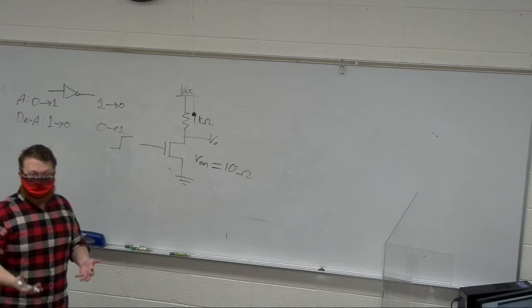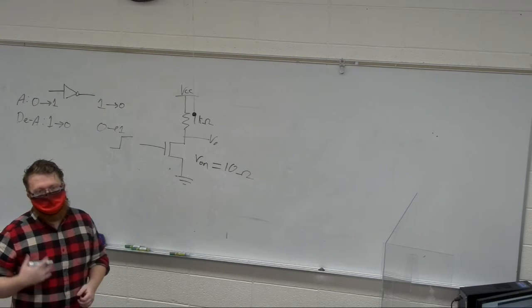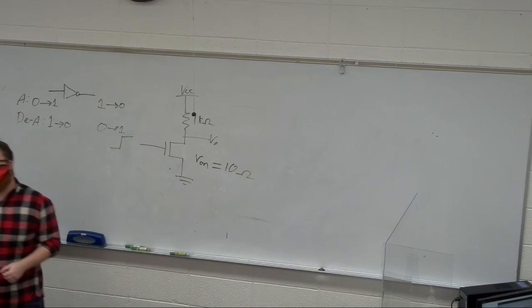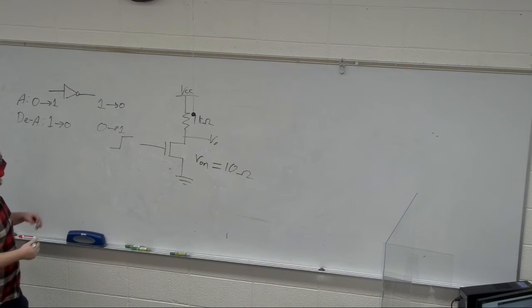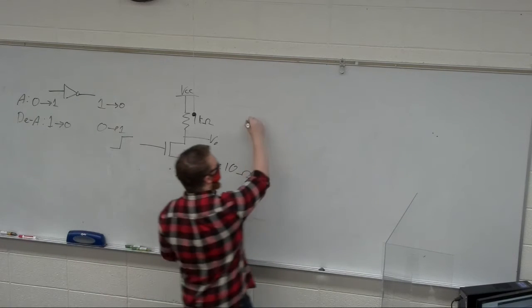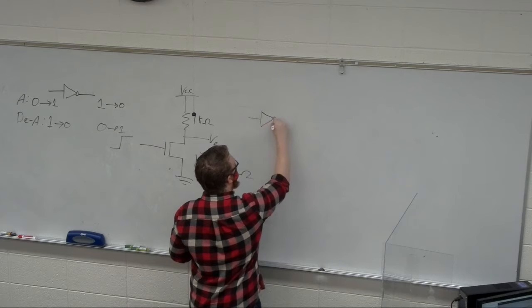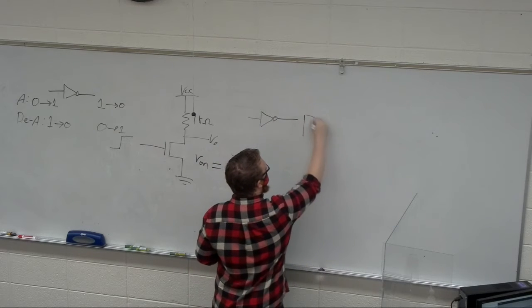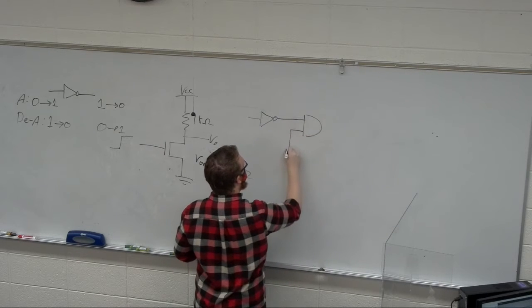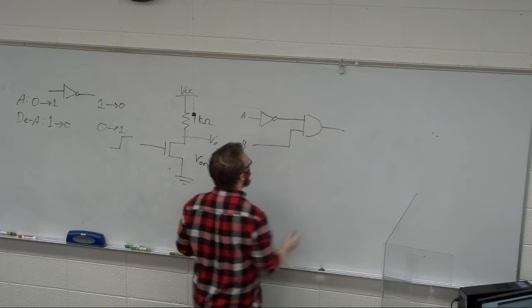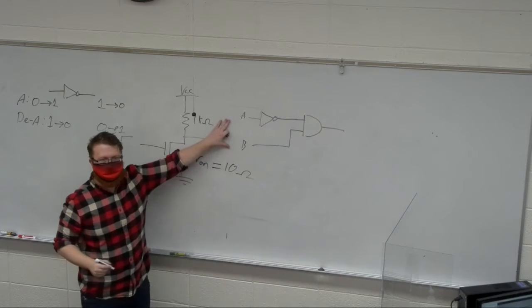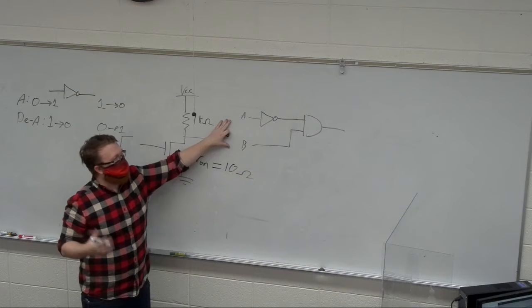Now the propagation delay is the longer of these two. And it's not just necessarily one gate, right? So I could have something that, so this circuit has several things going on.